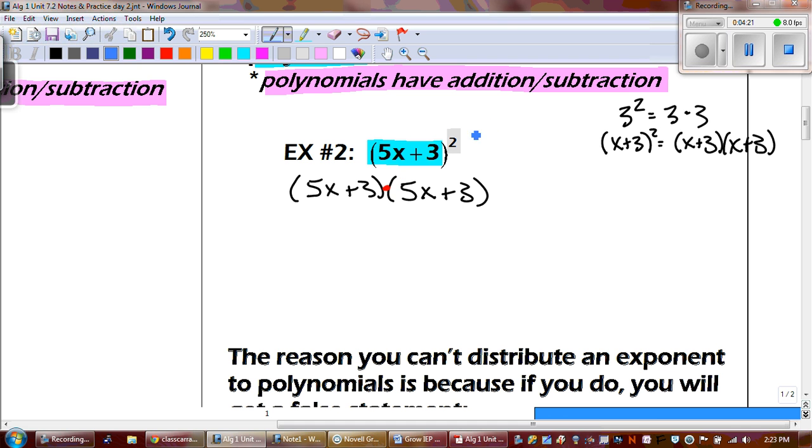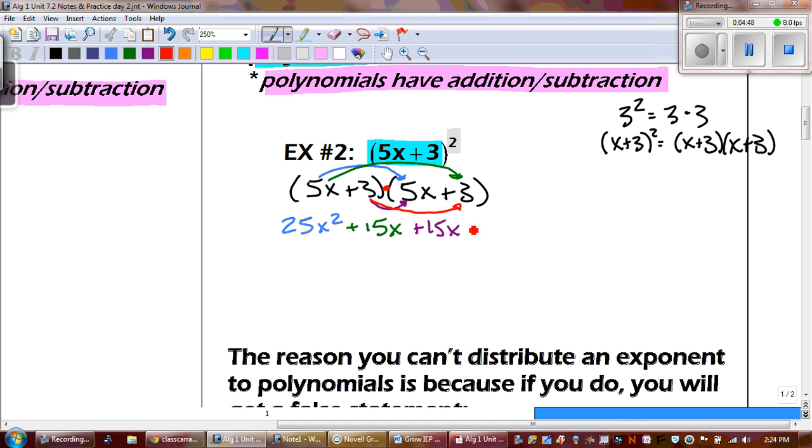Okay, so when we distribute, 5x times 5x is 25x squared. I'm drawing each line as I multiply. 5x times 3 is 15x. 3 times 5x is 15x.